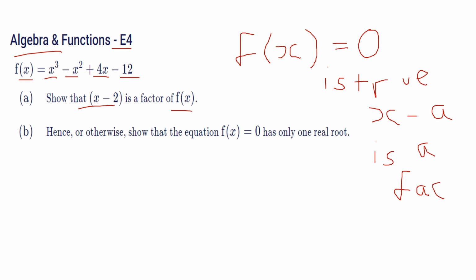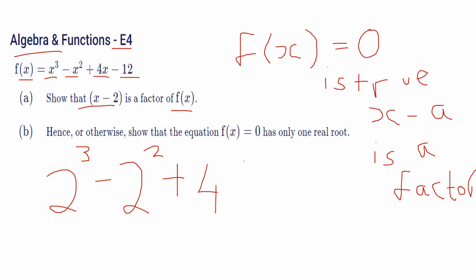So in this case, if I sub in x is 2, then I'm going to get 2 cubed minus 2 squared plus 4 lots of 2, minus 12.